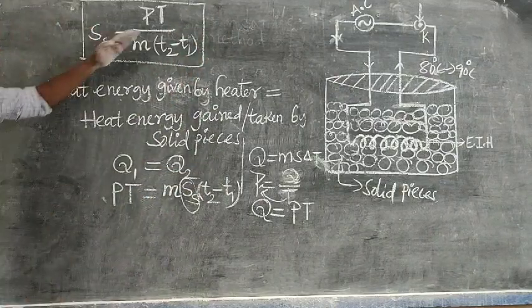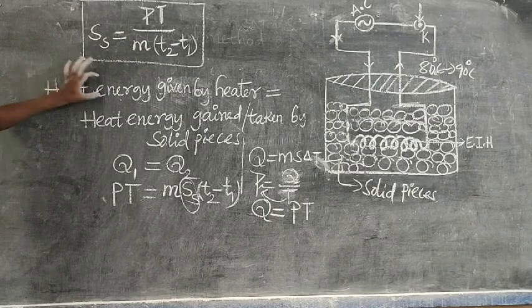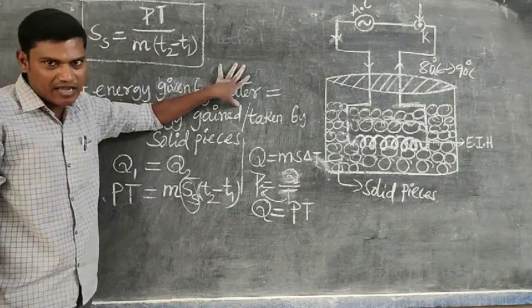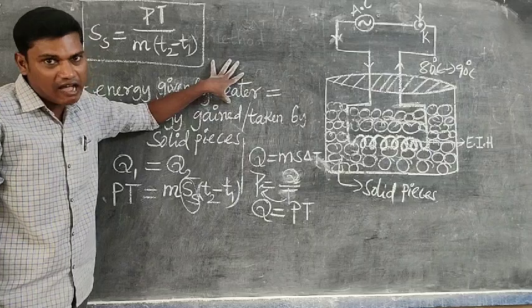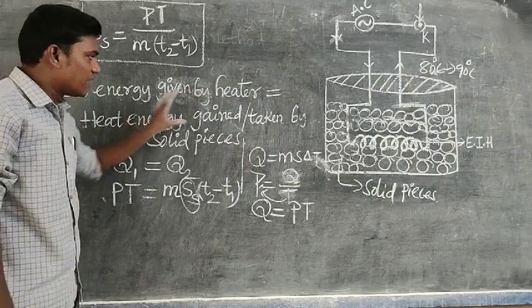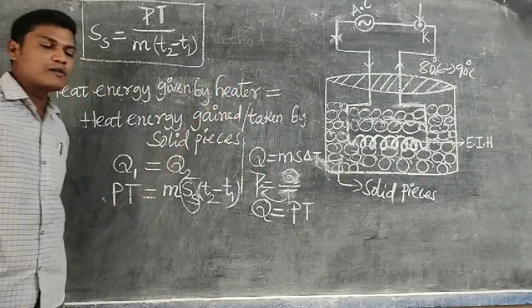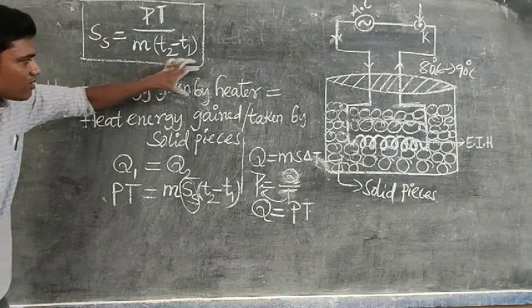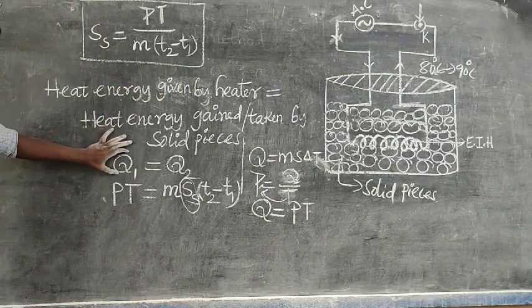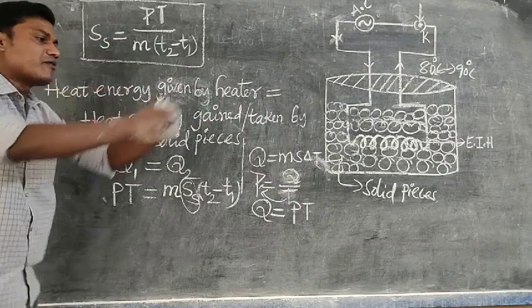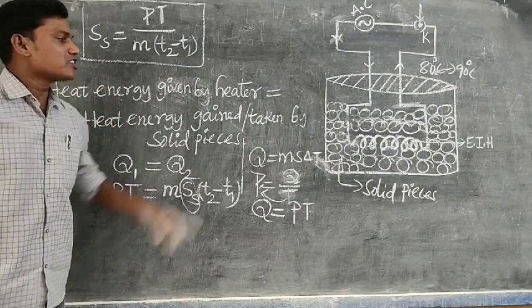Then according to the method of mixtures, the heat energy given by the heater, because the heater acts as the hot body, is gained by the solid pieces. Heat energy given by the heater is Q1.